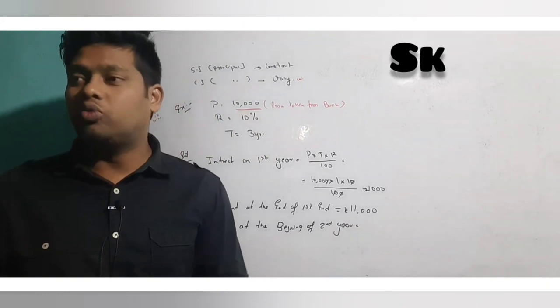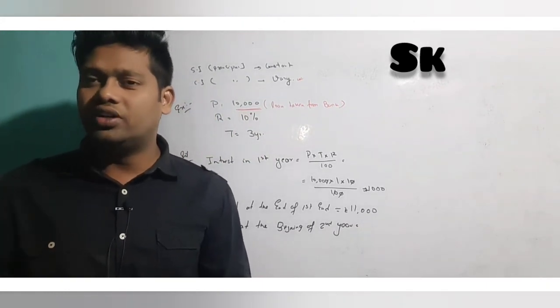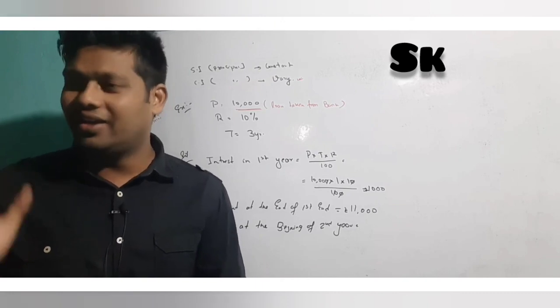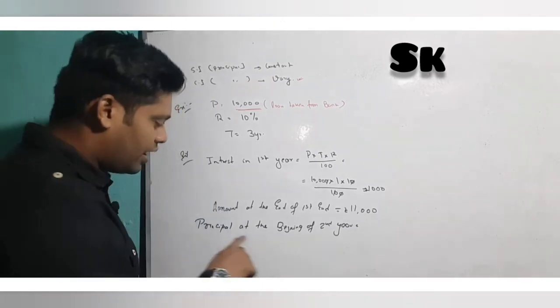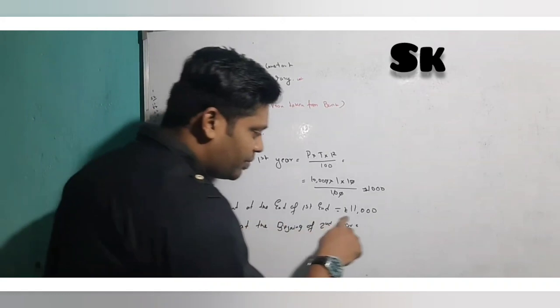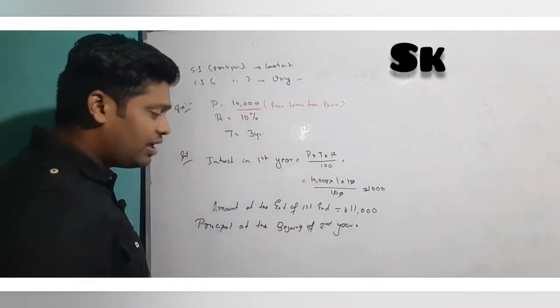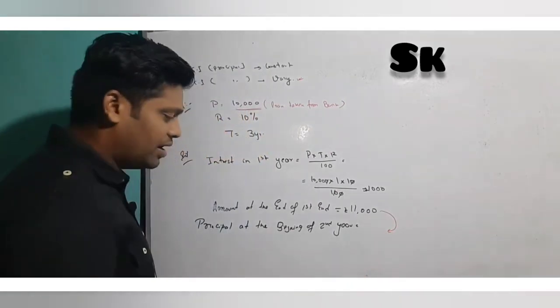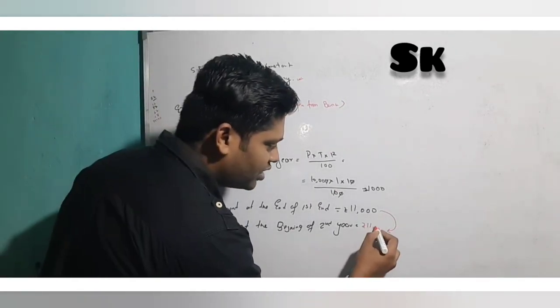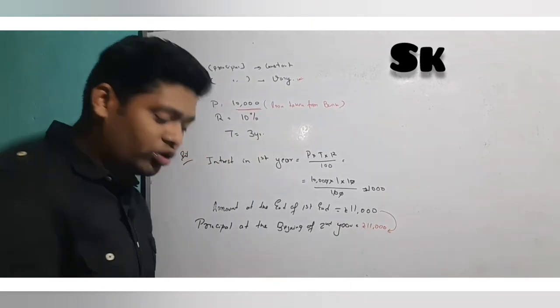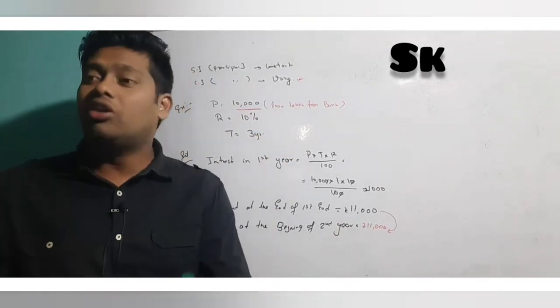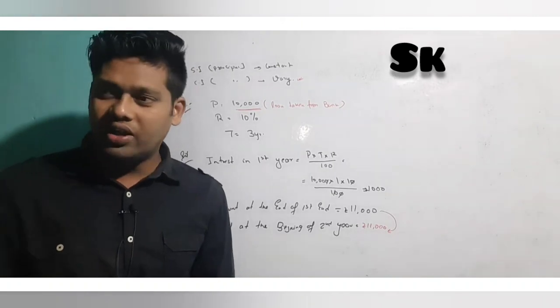The amount which was there at the end of the first year will be converted into the principal of the second year. Clear? So the amount at the end of first year is how much? 11,000. So that will be the principal of second year. It will be rupees 11,000. So our interest which we need to calculate will be on 10,000 or 11,000? We'll do it on 11,000. You understood the difference?